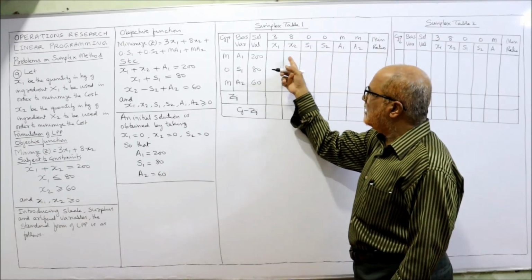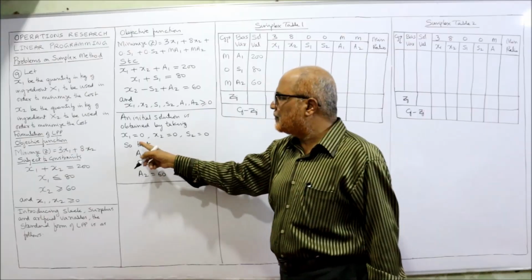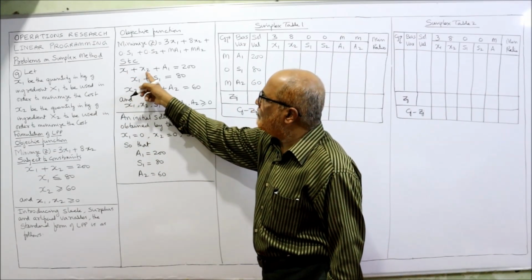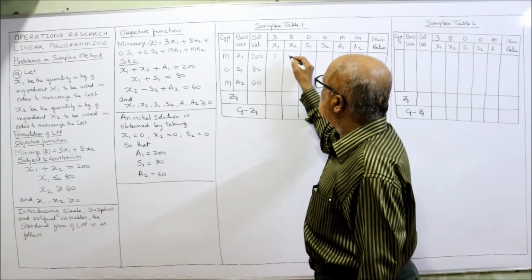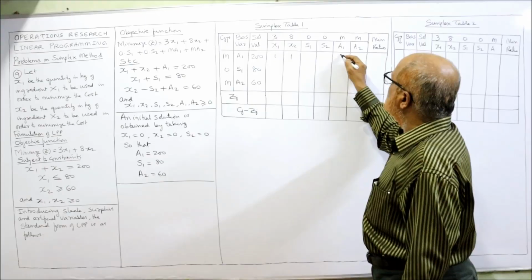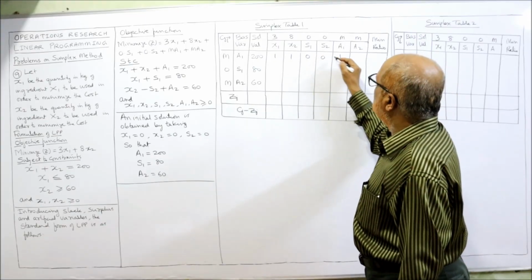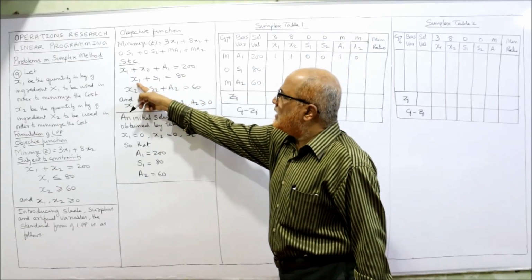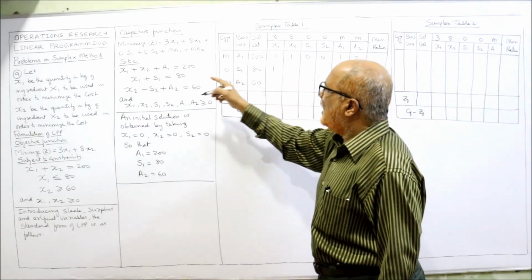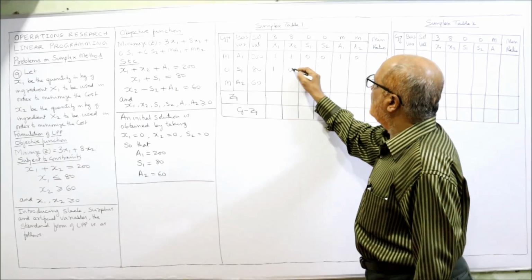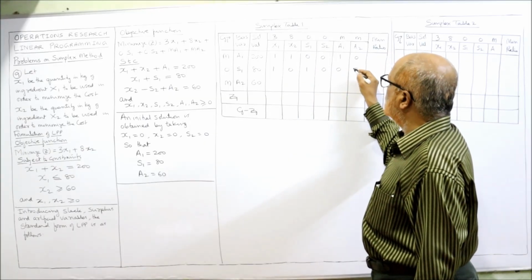Now we take the coefficients of the constraints. In the first constraint, 1x1, 1x2, and then A1 is 1. Remaining all the values are 0. Similarly, in the second, x1 is 1 and s1 is 1, remaining all the values are zeros.